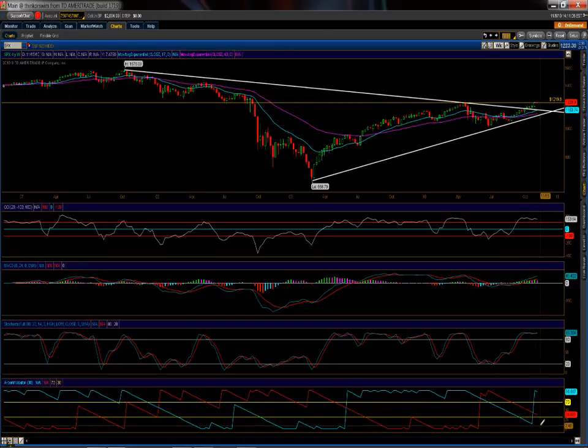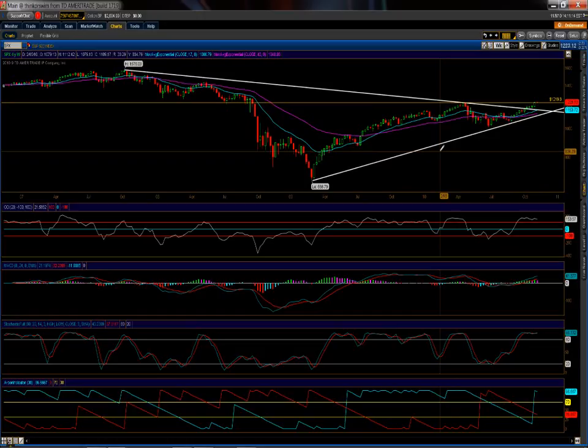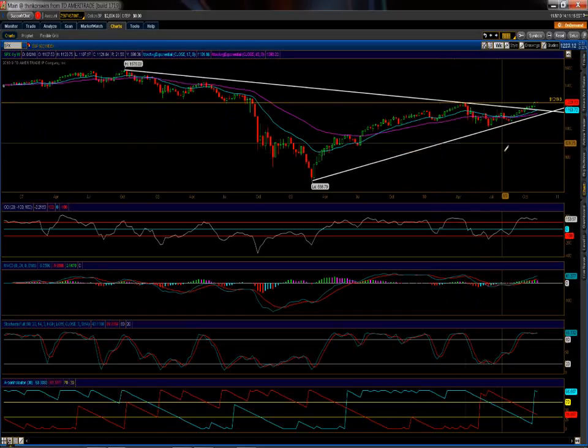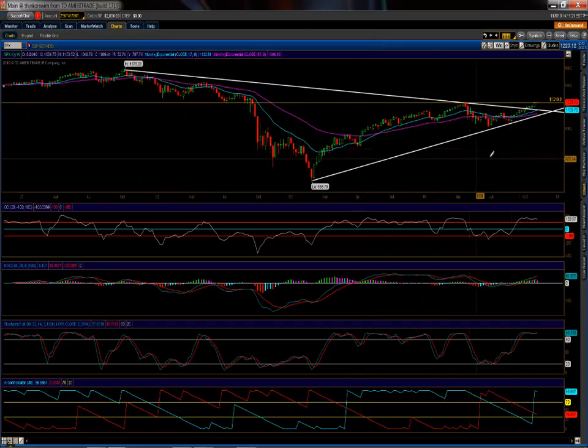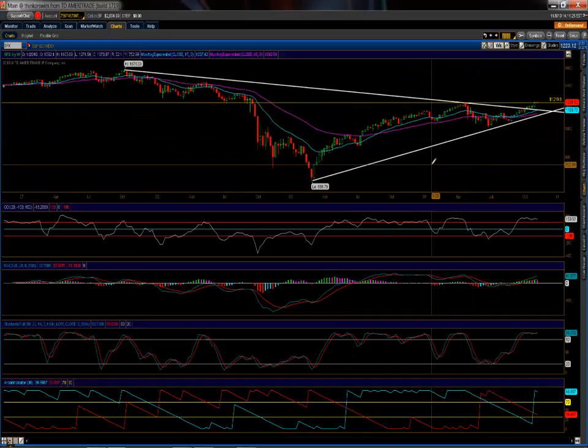This is the main indicator that tells technicians the trend of the market or the direction of moves. Right now, the trend has changed to a bullish trend on the weekly chart.